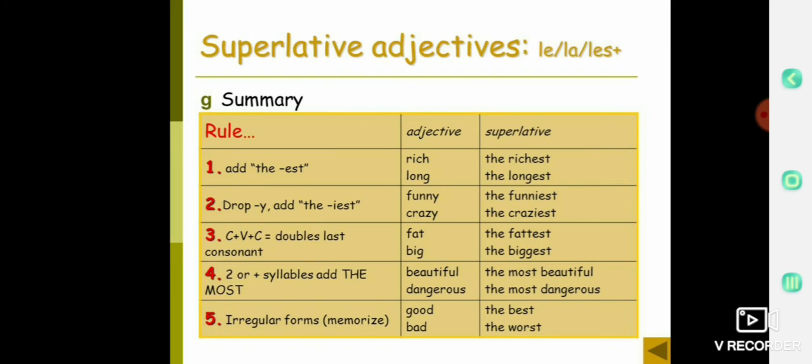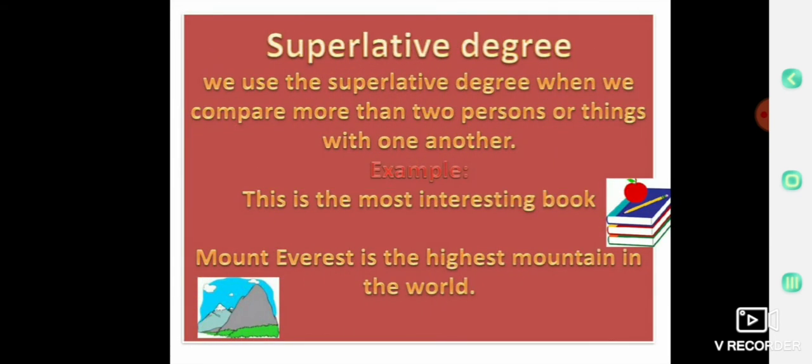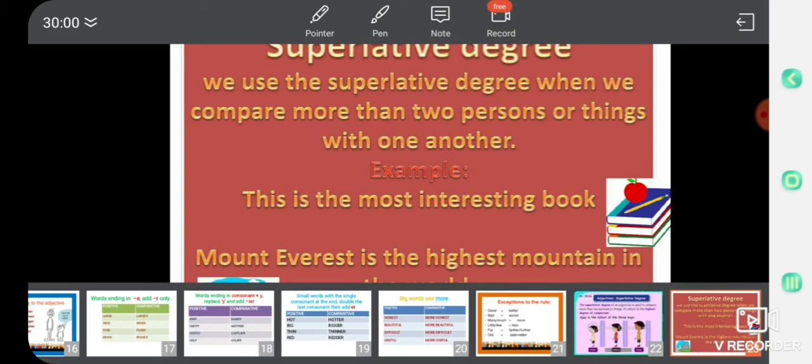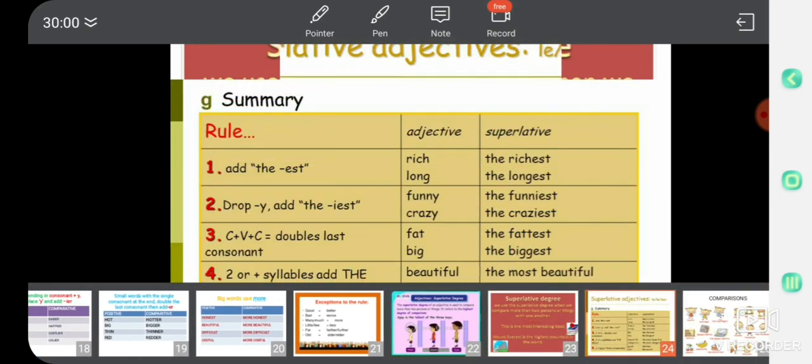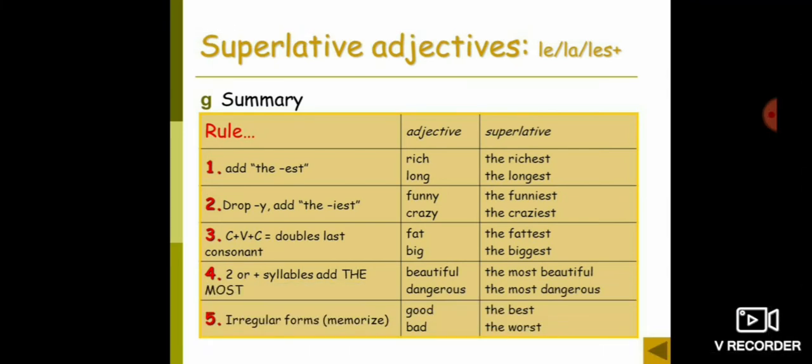Now the next thing is irregular forms like good, bad, where we change the whole word. Like in the comparative degree also you changed the whole word, good became better, bad became worse. So here also good will be changed into best and bad will change into worst. Good, better, best. If you are not comparing anything, you will write good.